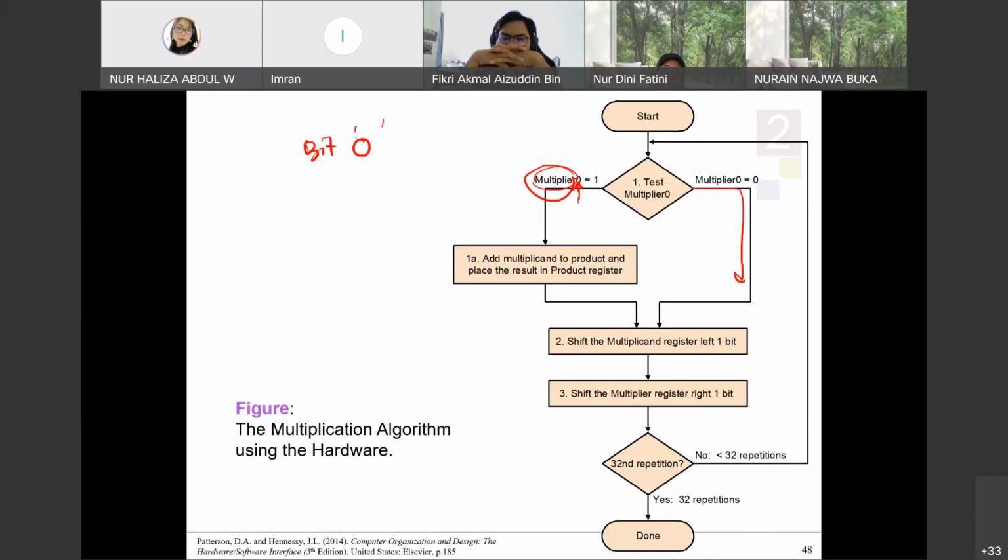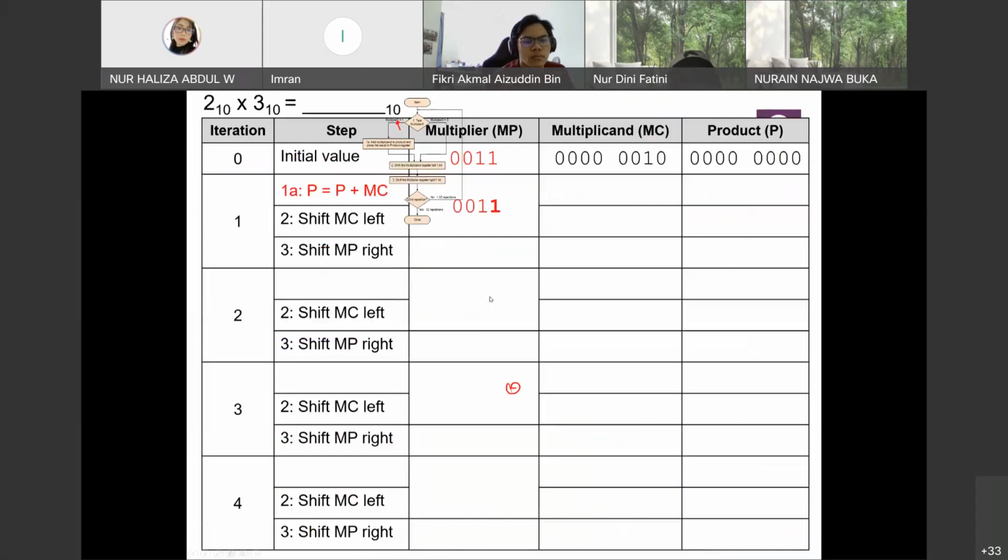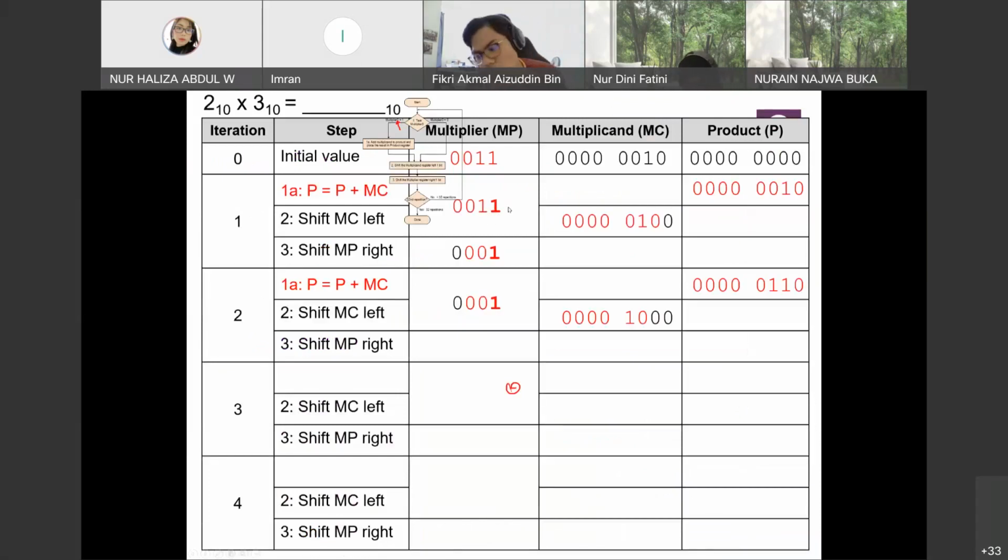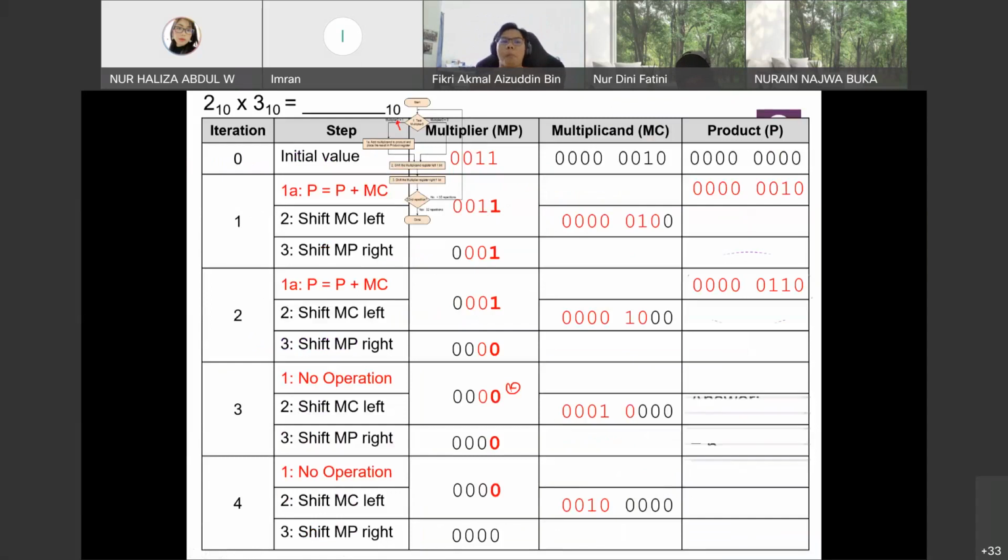If the bit 0 of the multiplier is equal to 1, you need to go left. Left, you do 1A. Right, you do step number 2. Okay, understand? The bit 0 is the LSB, okay? Don't use the MSB. Okay, that is the answer for you.